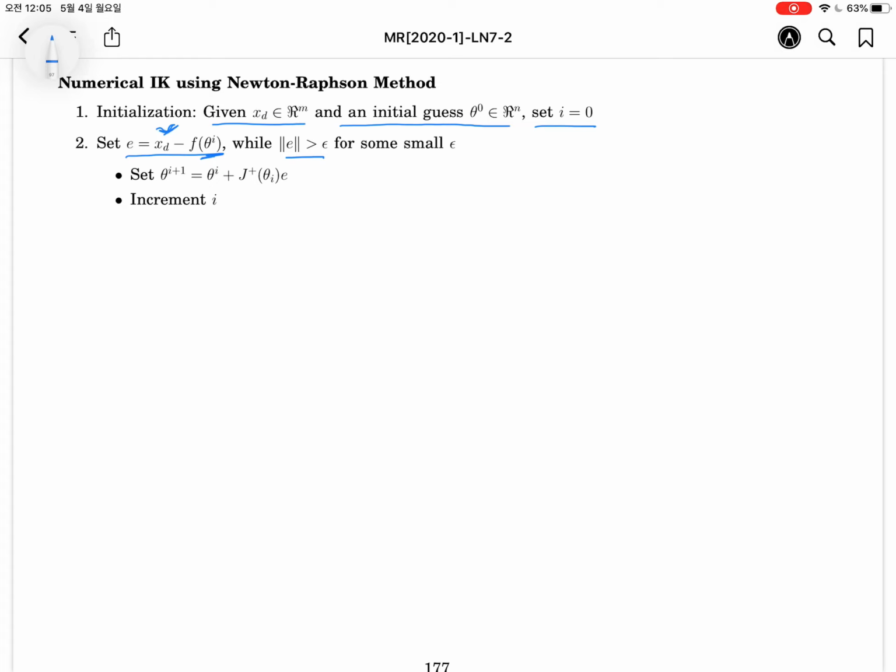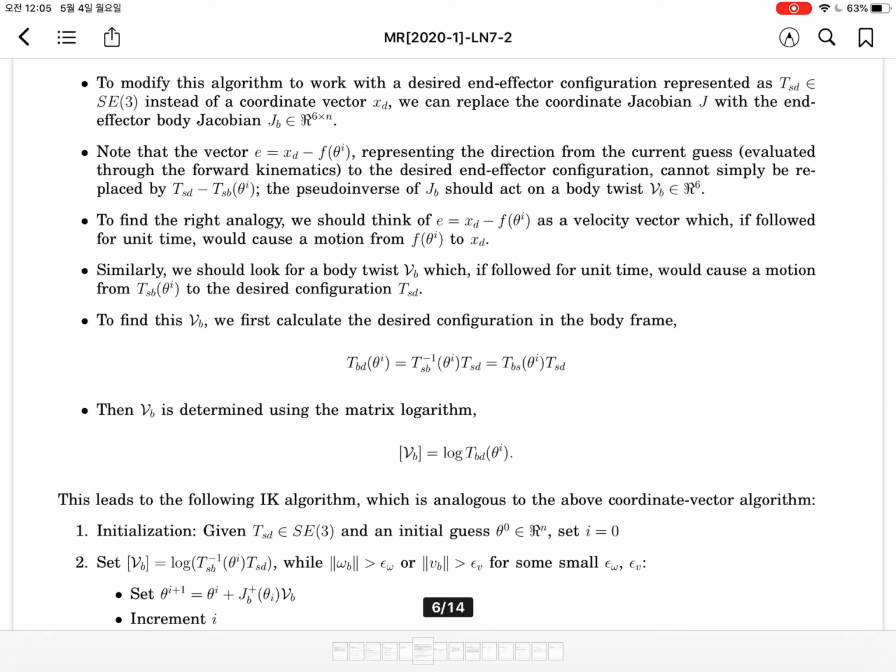Theta is the initial guess, and while the error is larger than some threshold value, at that time, we will apply the Newton-Raphson method to find the next value, and then we will increase i. This value will be used as a new guess. This is iterated until the error is smaller than epsilon, then the iteration will be stopped.